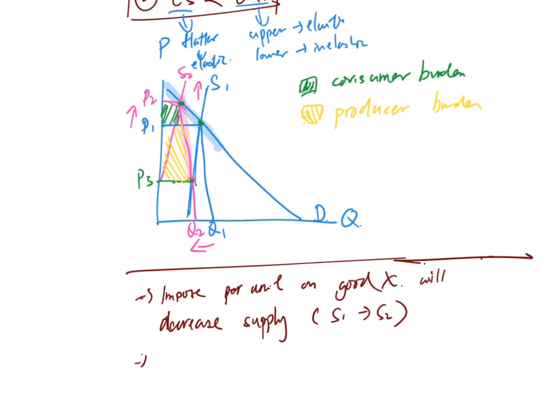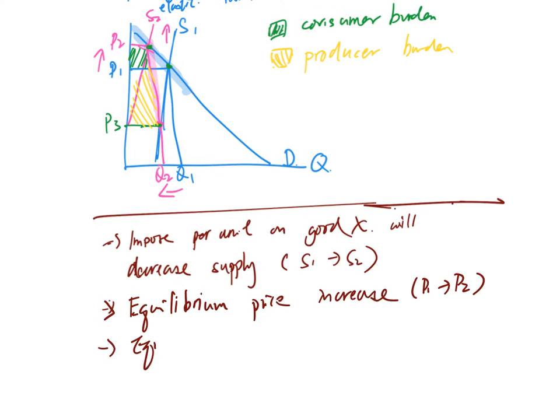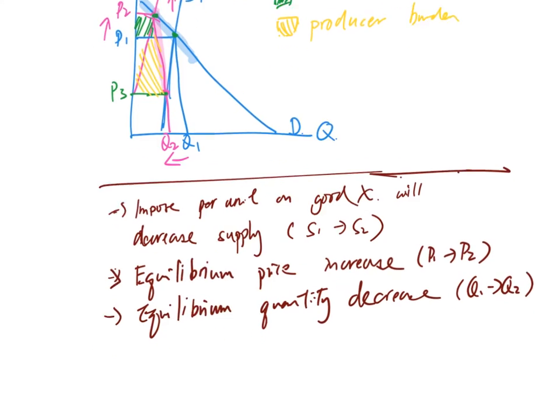Then we write down the change of P and Q, as we're used to. Equilibrium price increases from P1 to P2, equilibrium quantity decreases. We may get marks from here, maybe not, depending on the question.